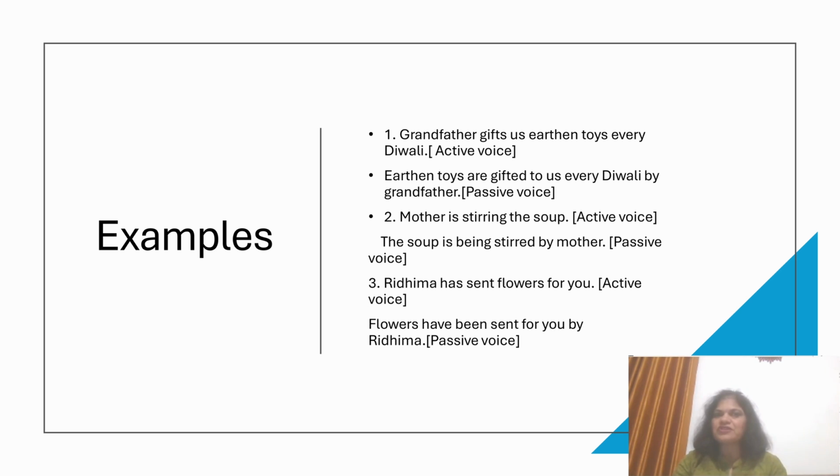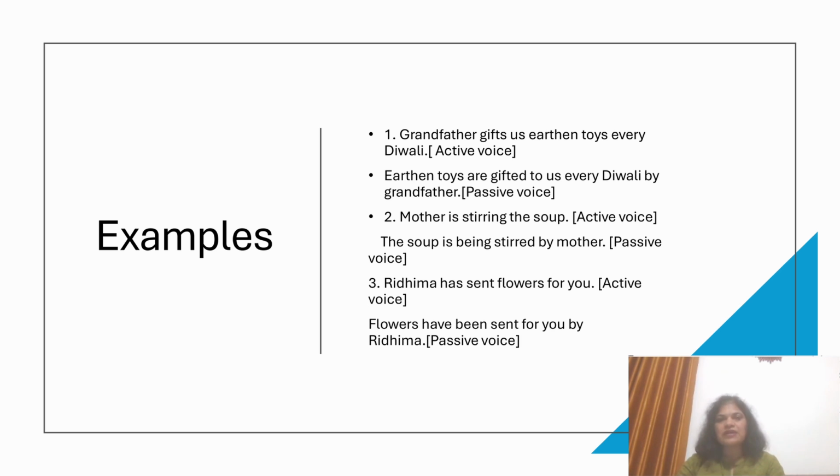So here the tense of the sentence is present tense. So here we are using earthen toys. Here the subject is plural. So that's why we are using helping verb are. Earthen toys are gifted to us every Diwali by grandfather. So who performed this action? Grandfather. Now the grandfather will become the object in passive voice.